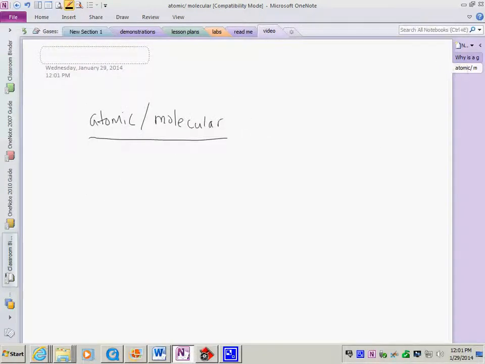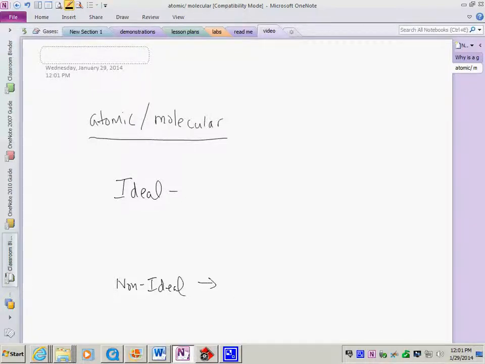Now, as far as the ideal gas is concerned, this is the most common thing we'll deal with, and a non-ideal gas is simply going to be only in discussion right now, and that's probably about all we'll deal with. It's just there, but we don't really deal with it.